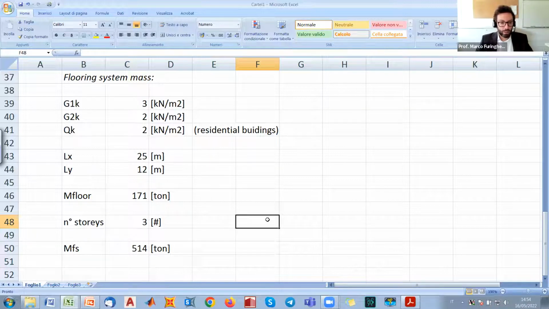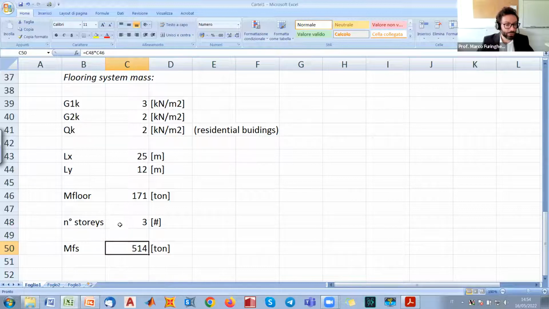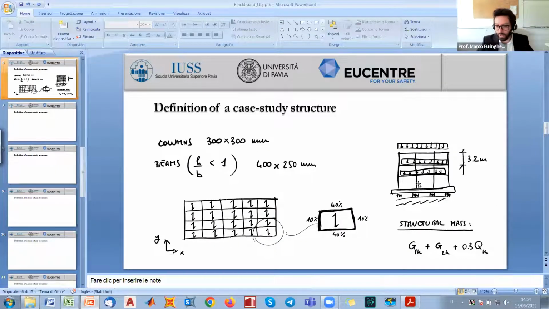Okay. So according to this, we can also consider another important contribution, which is maybe missing here. Because if we go back to the definition and look at this scheme, we have external loads for all the stories, but we also have external loads for the ground floor.